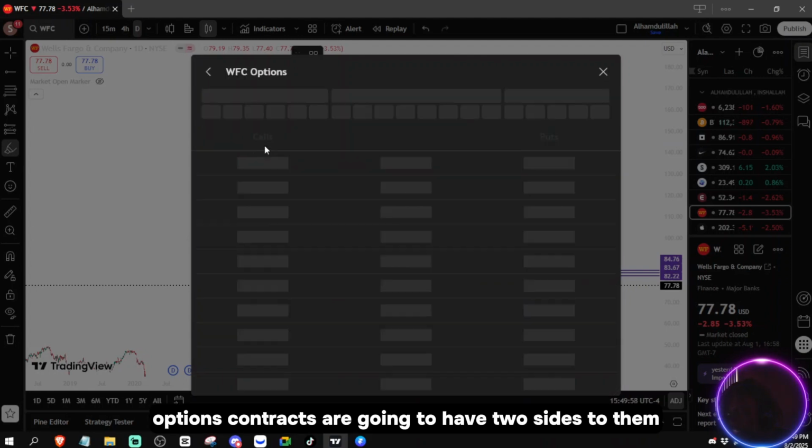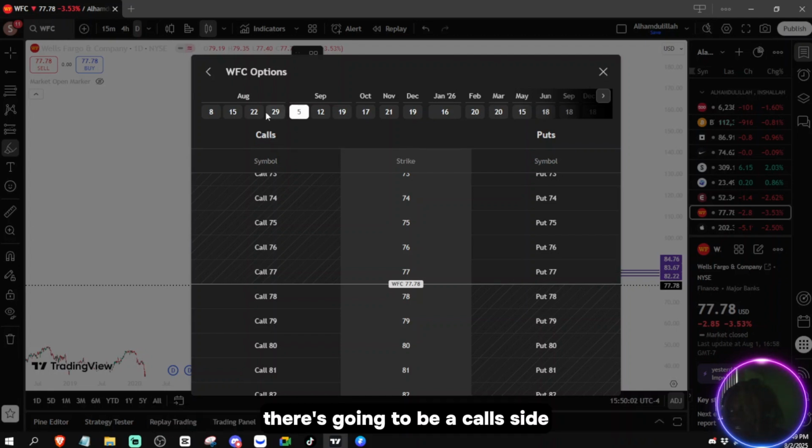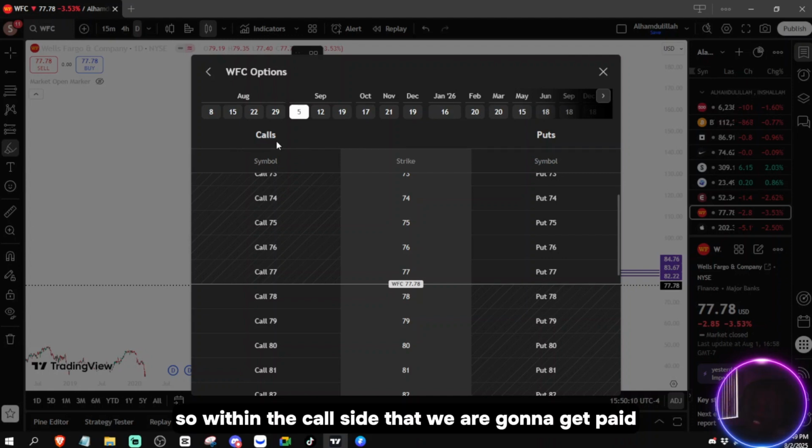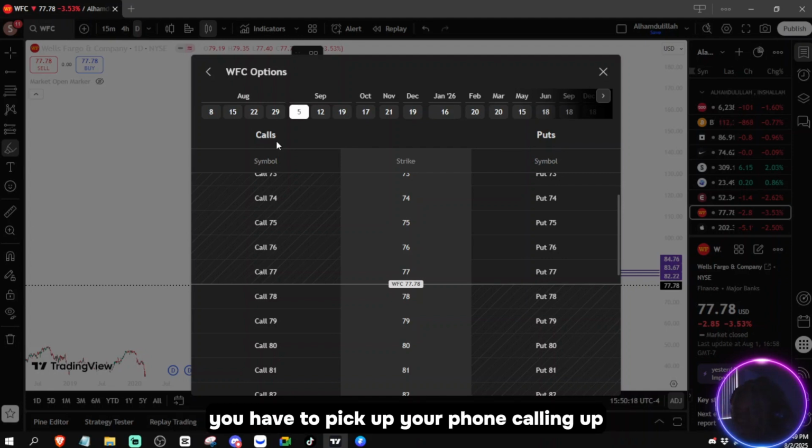Options contracts are going to have two sides to them. There's going to be a calls side. And once again, on options, we get paid based off of predictions. So within the call side, we are going to get paid if we think that the stock is going to go up. If you're calling someone, you have to pick up your phone. Calling up, calling up.